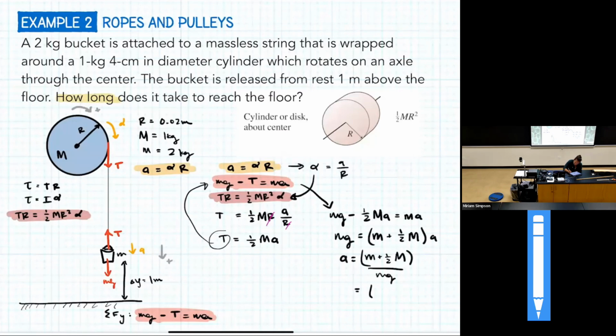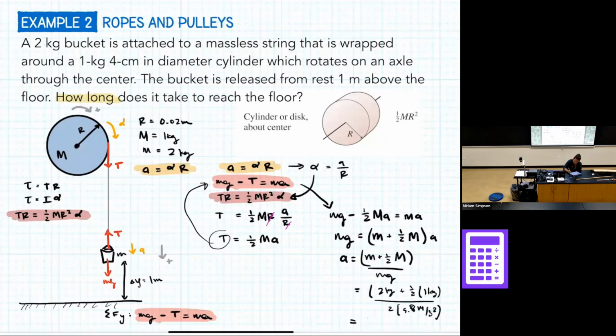So that's going to be, oh gosh, I chose these badly, 2 kilograms for the bucket plus 1/2 times 1 kilogram, 2 times 9.8 meters per second squared. I'm all out of space, but the acceleration is 7.84 meters per second squared.